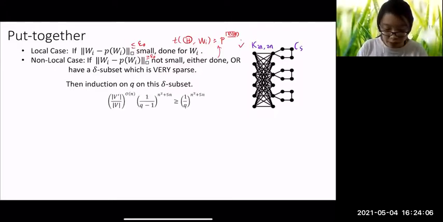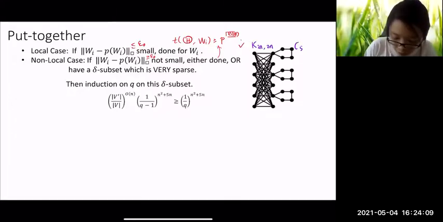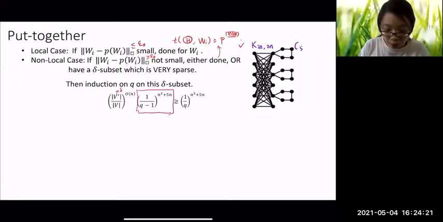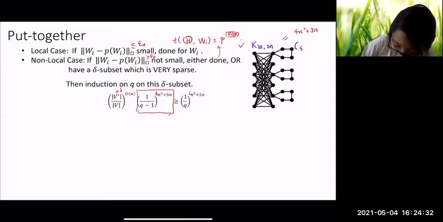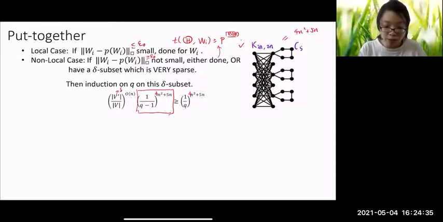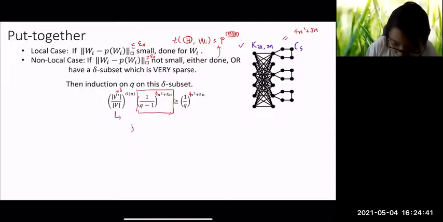So now I'm trying to explain why this induction might make sense. On this V prime, the delta subset, by the induction, we have the total monochromatic copies of H is at least this number, because the number of edges in this graph is 4n squared plus 5n. So this is 4, I missed a 4 here. And because now all the vertices are mapped into the delta subset, the first term is at least delta to the number of vertices in this graph, which is at most 4n plus 5n.